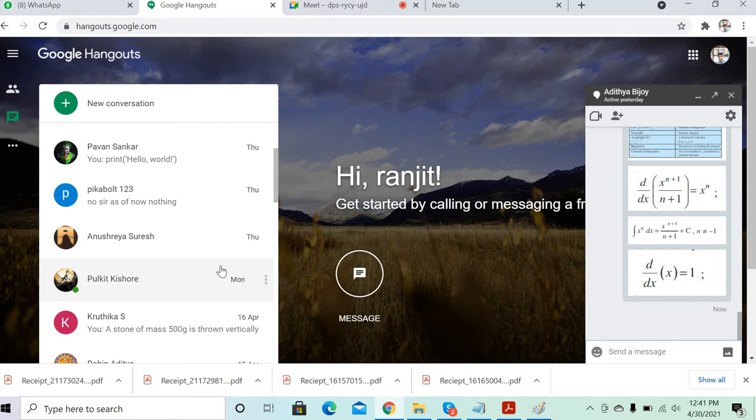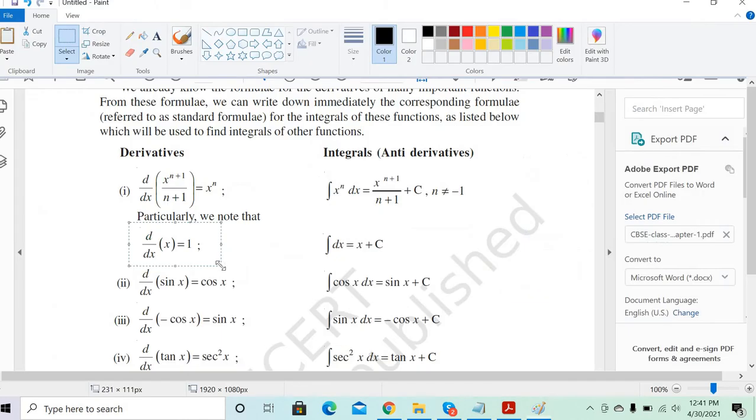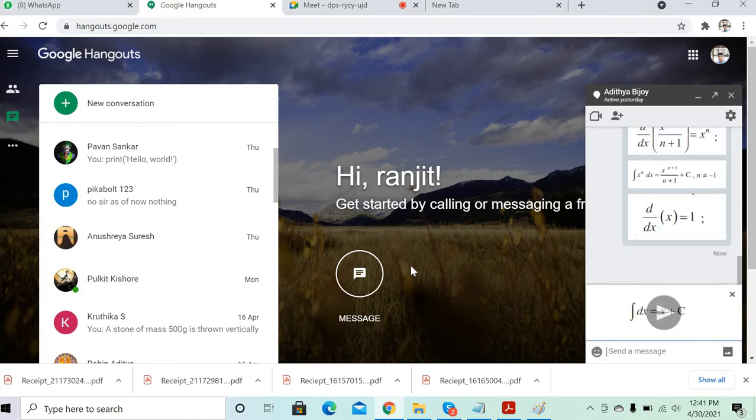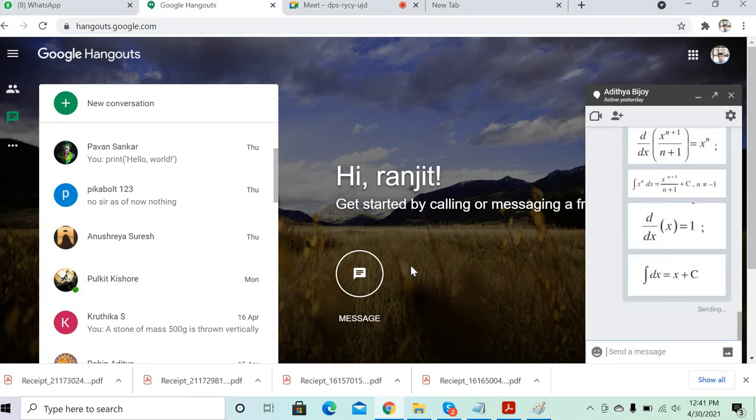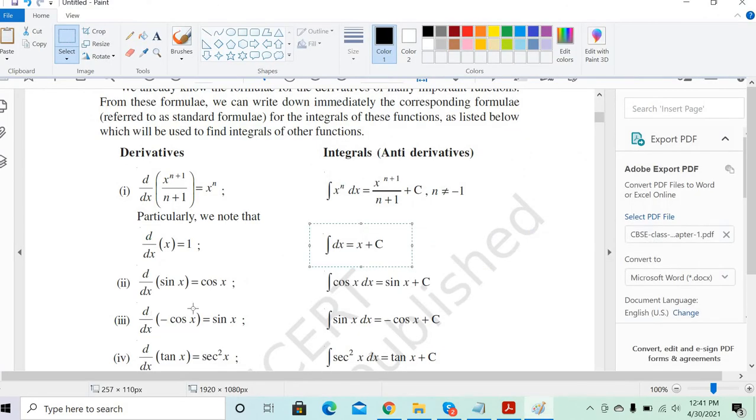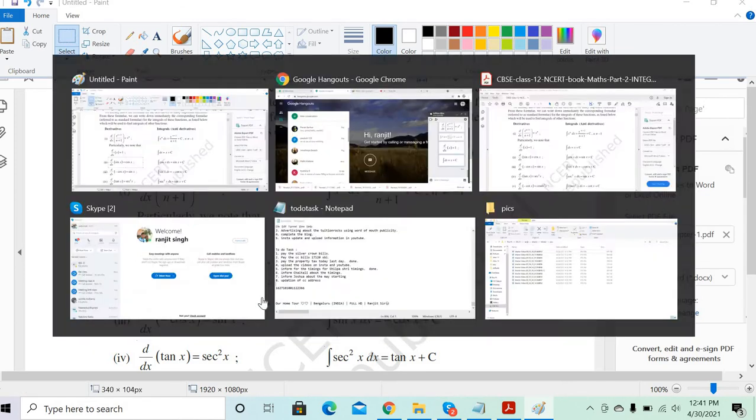So when we integrate 1, I should get back x. Integration of 1 dx should give me x plus c. Isn't it clear? Any questions, any doubt, Vijay? No, sir. It's clear.